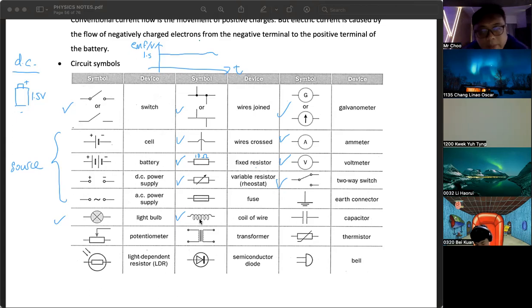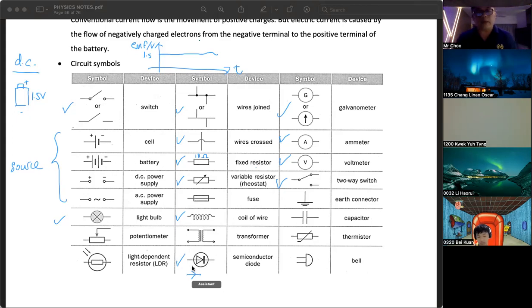Last week, do you remember I talked about this thing called the diode? This is the symbol of a diode. A diode means this component only allows current to flow in one direction. Which direction does it allow? You see a triangle here, like an arrow. It only allows current to flow in the rightwards direction.